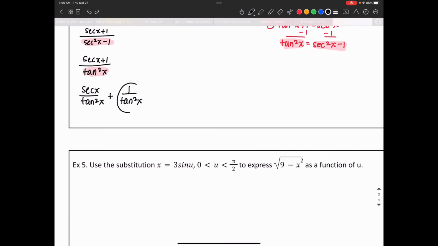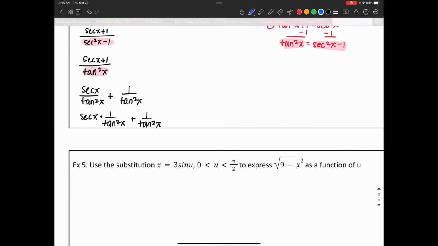I know that 1 over tangent squared of x is going to be equal to cotangent squared of x. So I really don't want to have fractions, so I'm going to pull secant of x out, and I'm going to write this as secant of x times 1 over tangent squared of x plus 1 over tangent squared of x.